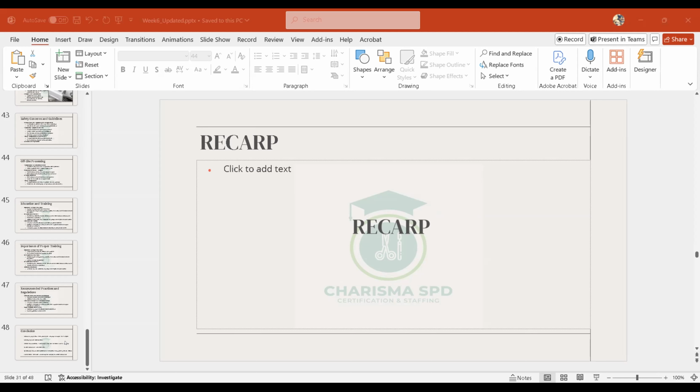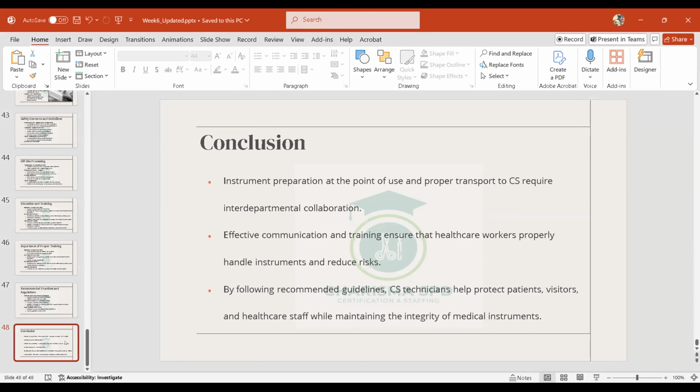Director, give me the concluding part of today so that we can take it and get out of here. All right. In conclusion, instrument preparation at the point of use and proper transport require interdepartmental collaboration. What are these departments? Can somebody mention them?